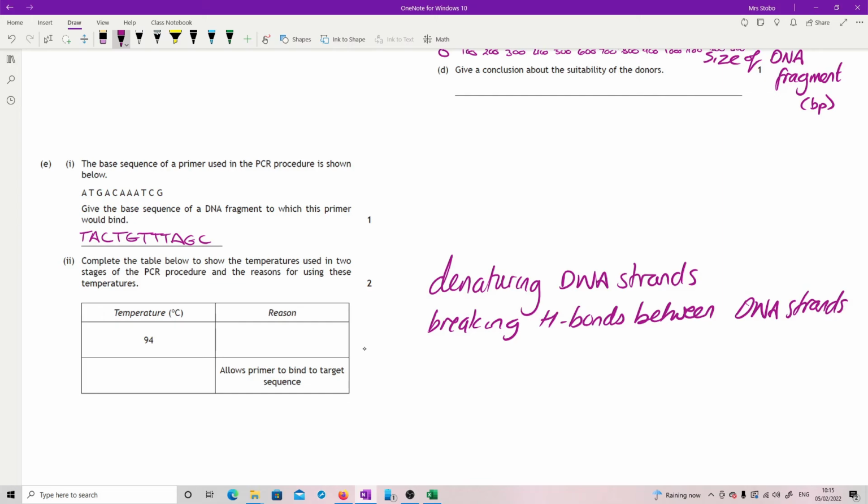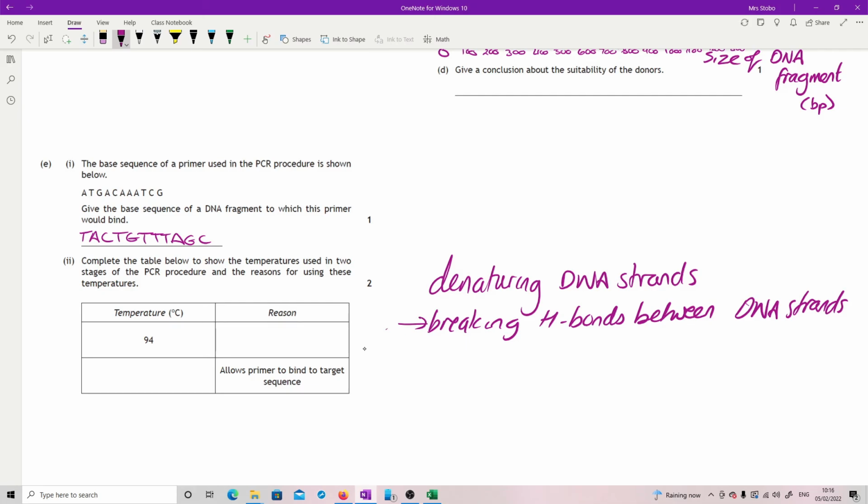You need to be precise that you're separating the DNA strands. You're not actually smashing up the entire DNA. So just be careful about that. And so maybe the second one's probably more precise and better to use.